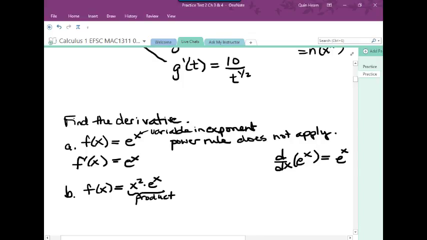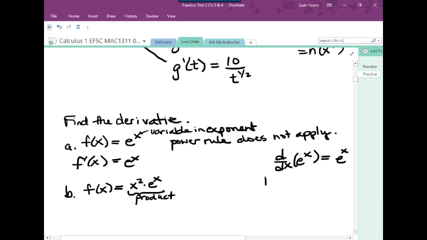In other words, something with an x times something with an x. And unfortunately, we cannot just take the derivative of each part. The slope of the function does not turn out to be the slope of each part multiplied together. I wish it did, but it doesn't. So when you see that you have something with an x times something with an x, you have to use yet another rule for derivatives, which is called the product rule.